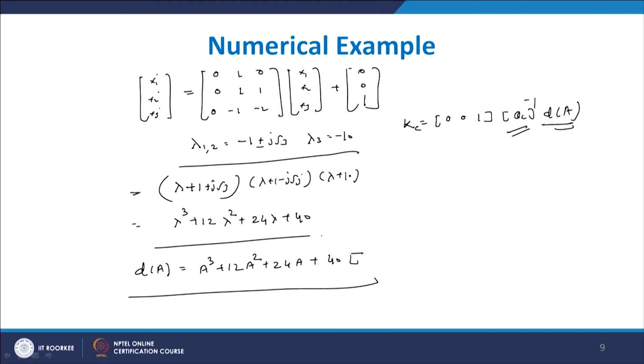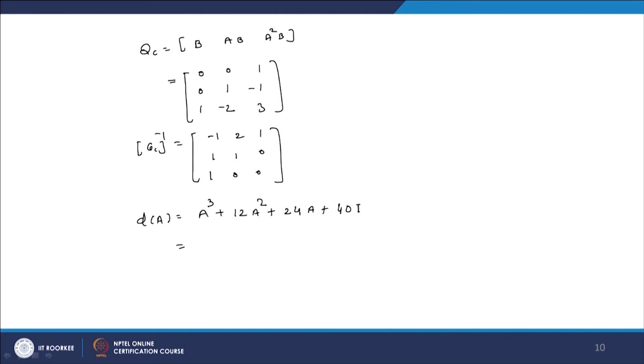The Cayley-Hamilton theorem says that a matrix has to satisfy its own characteristic equation, so we try with the A matrix, A square, A and so on. So here we have A cube plus 12A square plus 24A plus 40. If you solve it by replacing the values of A in this equation, after solving we come across the result as 40 36 11, 0 65 plus 14, 0 minus 14 plus 23.